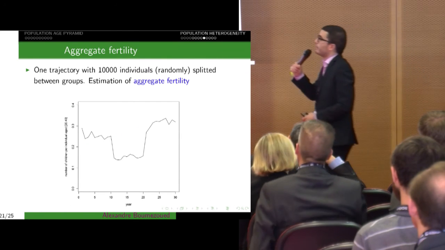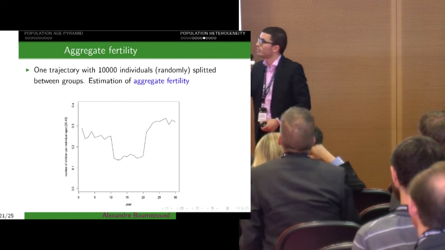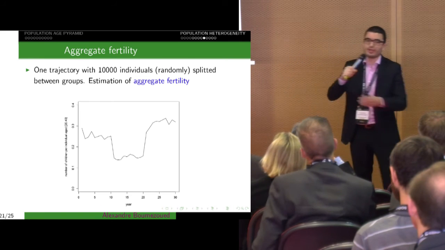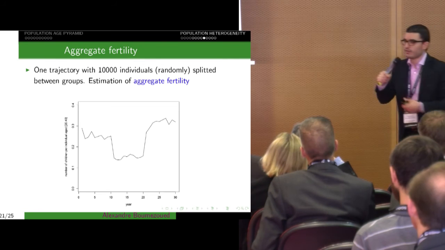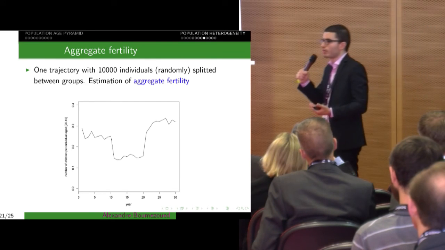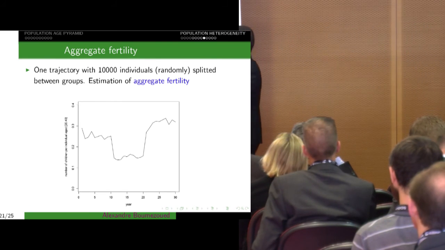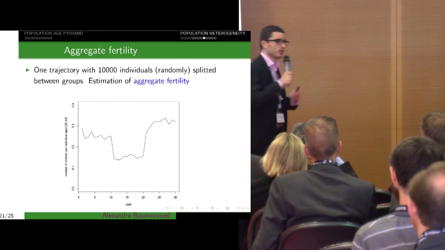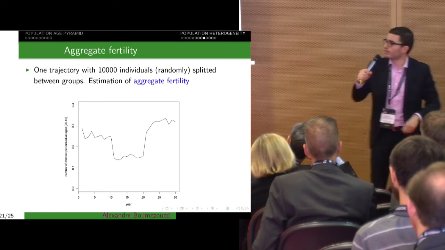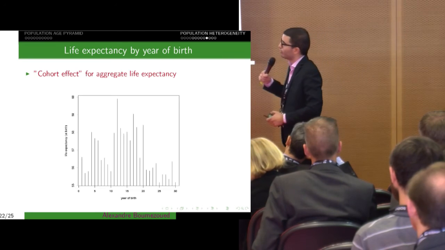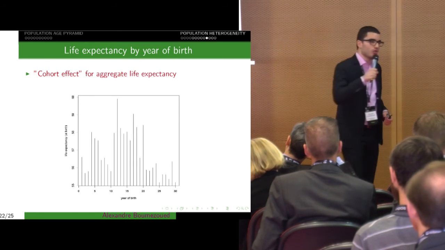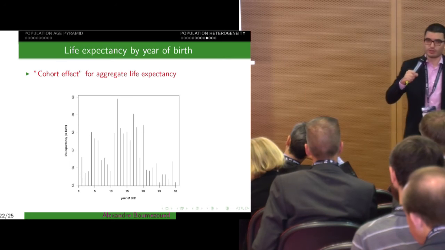Let's do the experiment and simulate a sample of 10,000 individuals, split equally between the two groups, and observe aggregate fertility. This is the stylized fact we wanted to recover: aggregate fertility during the period T1, T2 here is low. This is natural because we made it an input for the second group. What do we observe if we compute cohort life expectancy? We observe this one.